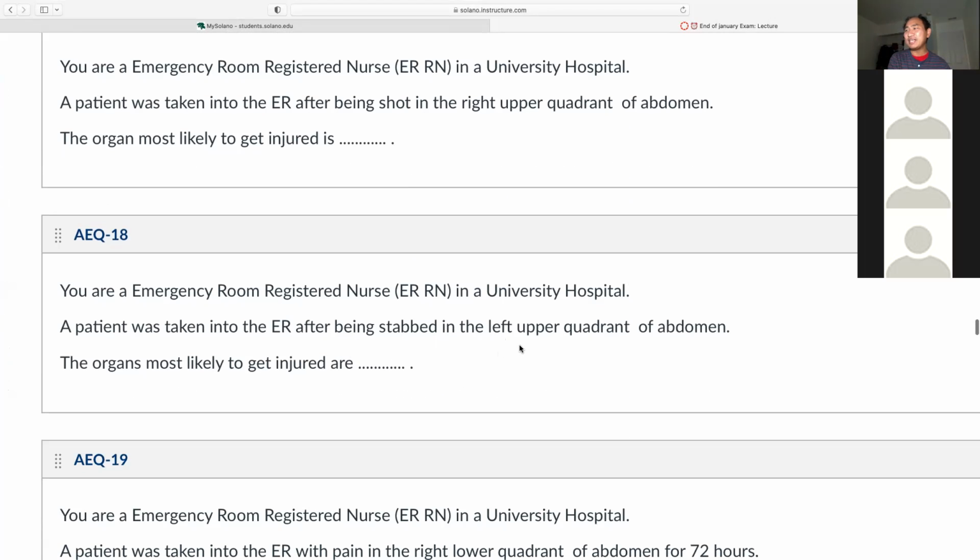Same question again, but shot in the left upper quadrant of the abdomen. The organ most likely to get injured? The stomach, the spleen, and the diaphragm. Yes, the spleen could be, and especially the spleen is easily forgotten. Let's say when you're playing American football, with a big hit to each other, and a big blow to the left upper quadrant, the left chest wall, the spleen is just underneath.